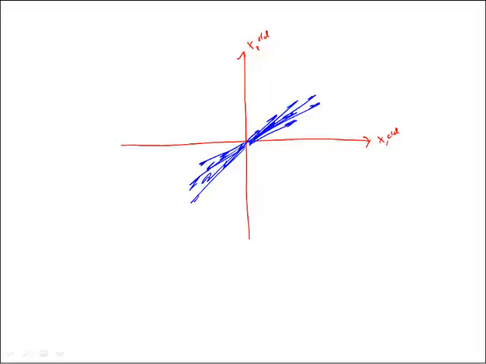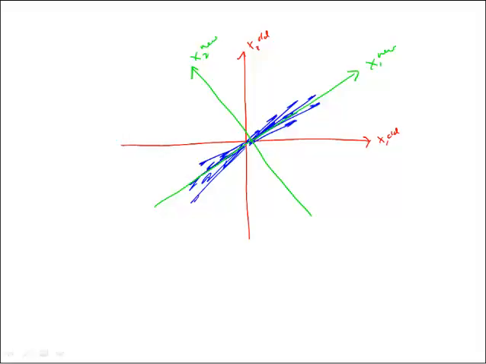So in PCA, what we do is we change the basis of all of the vectors from our random distribution such that they line up mostly along 1 or 2 or a small number of those axes.